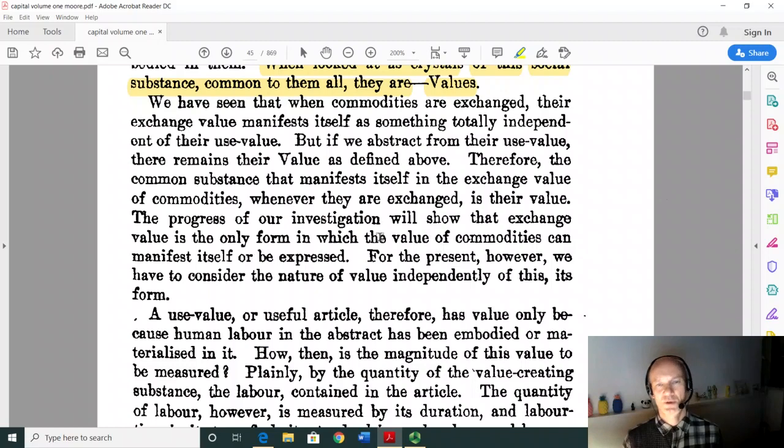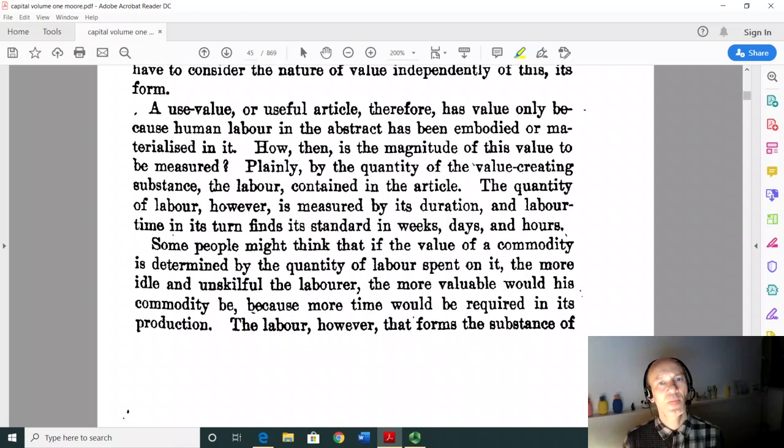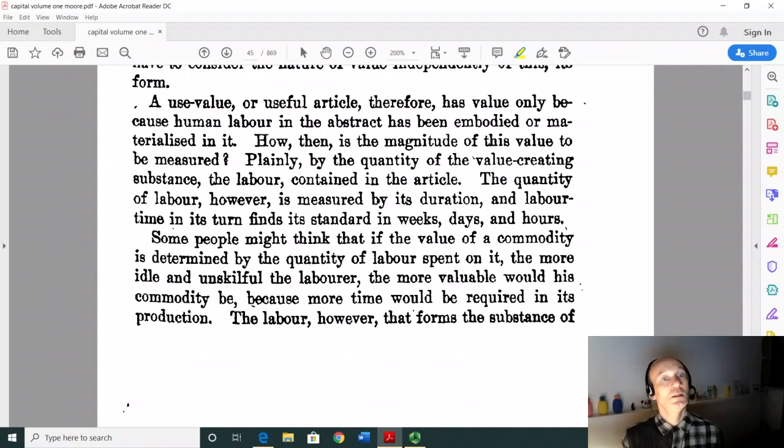So, the progress of our investigation, and so forth. He's just saying what he's not talking about in the following. A use value or useful article therefore has value only because human labor in the abstract has been embodied or materialized in it.